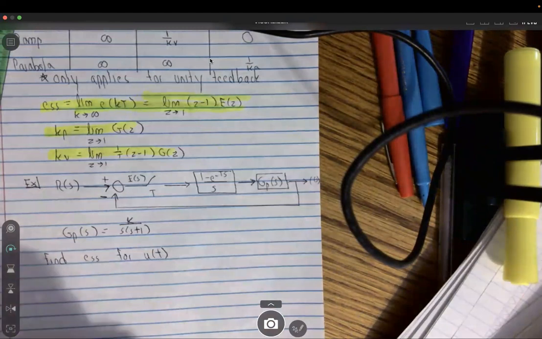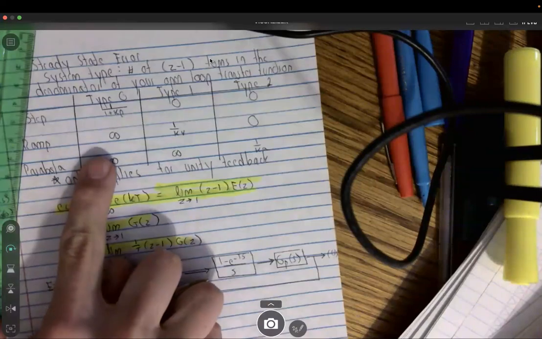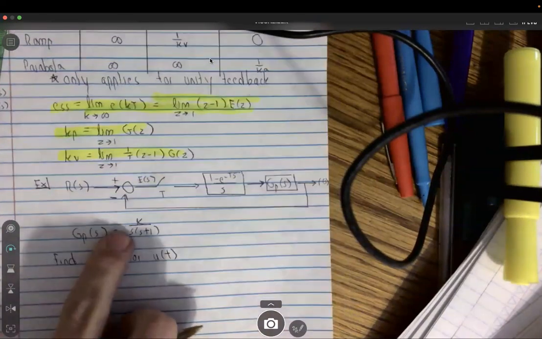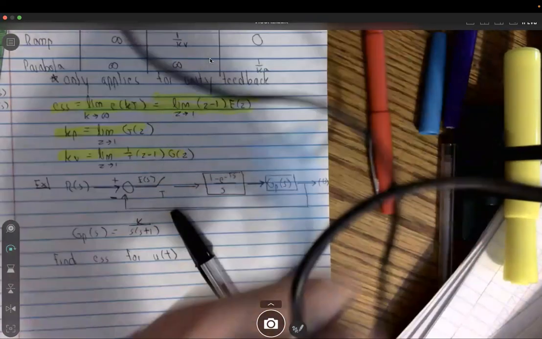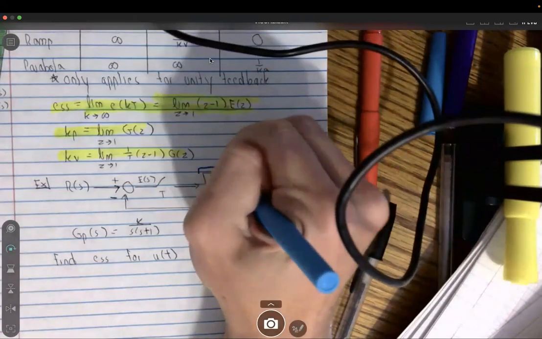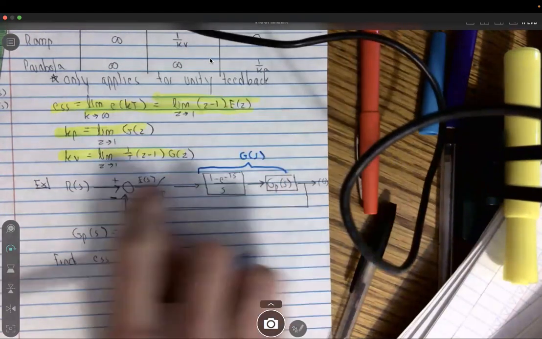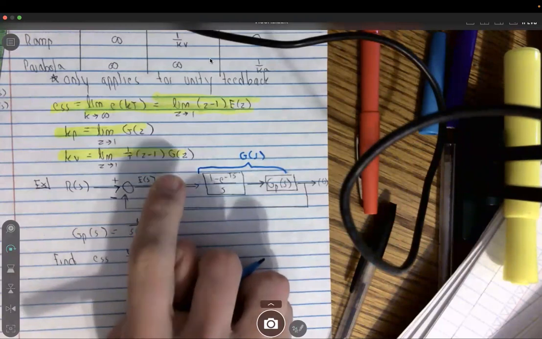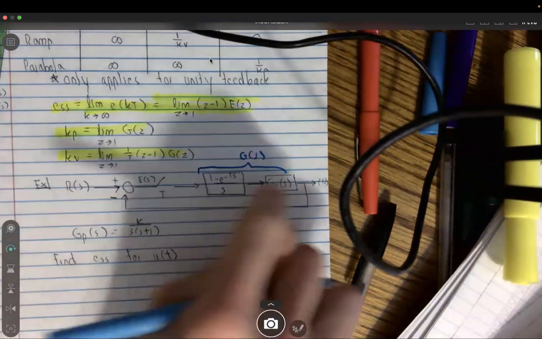Remember, this is a unity feedback system right here, so I can apply my table. So let's look at our forward transfer function. And remember, this is your G of S for this example. This would be your G of S, your forward transfer function. There are no other blocks, there's no controller here. If there was a controller, you would do G of S times whatever your controller is, because that would be in the forward path.